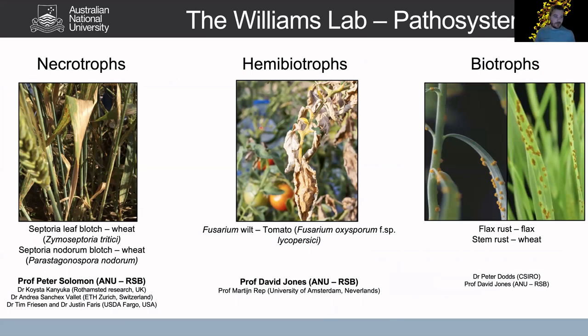The stories today are going to predominantly focus on these necrotrophic fungi, and the one in particular I'm going to talk about is Parastagonospora nodorum, and this is work that I've been doing with Peter Solomon. I'm also going to touch on some work that I'm doing with Professor David Jones, also at ANU, on Fusarium wilt. We also do a lot of work on flax rust and stem rust effectors, but I'm not going to talk about these today.